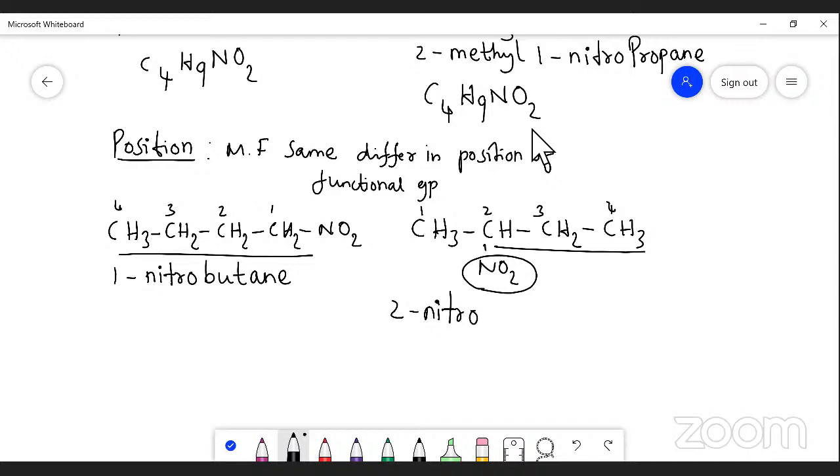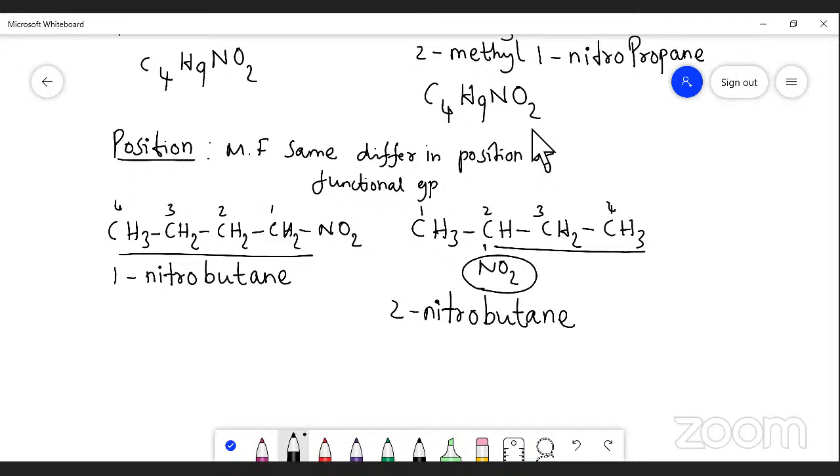So 2-nitro. How many carbons? 4 carbons, so the root word is but. What is the primary suffix? Ane. So what is the compound name? 2-nitrobutane.